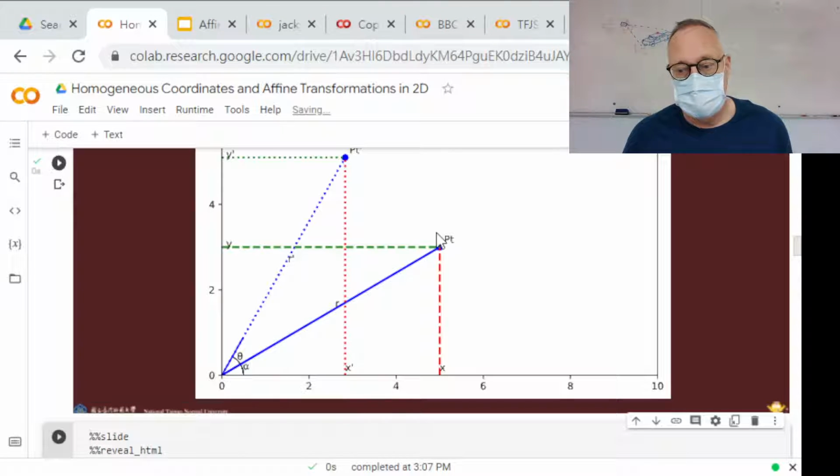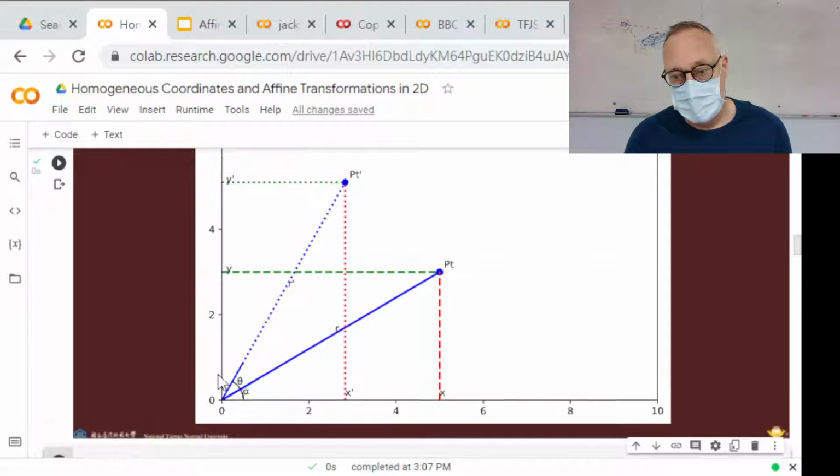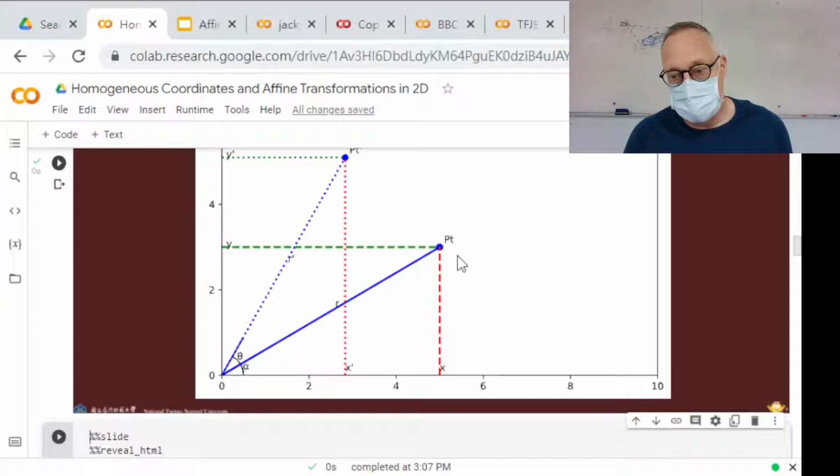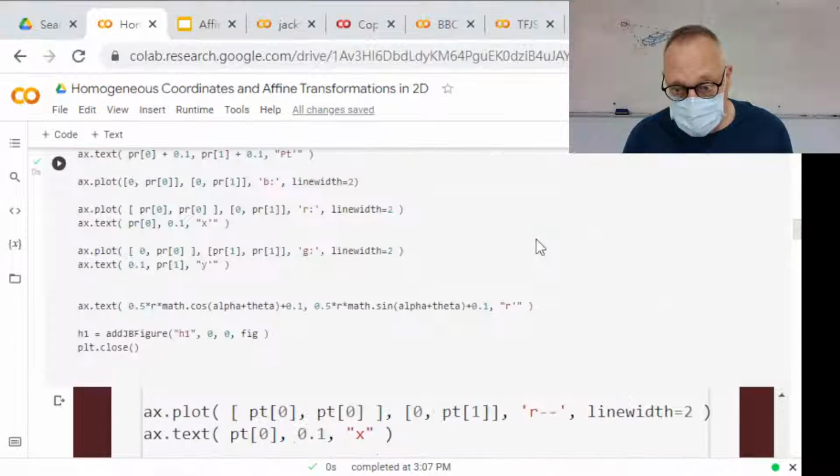So we take rotation around the point, and right now we're talking about rotation around the point 0, 0, around the origin. So I have a point, PT, that has coordinates x and y, shown with the red and the green here.